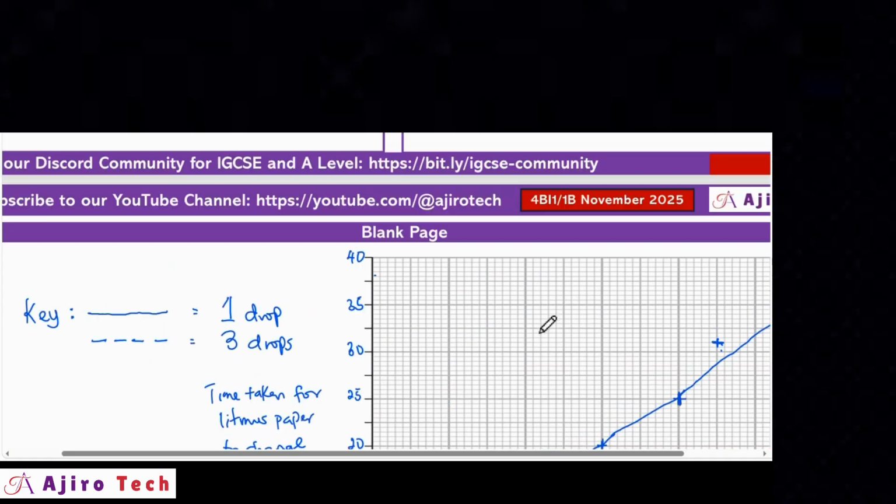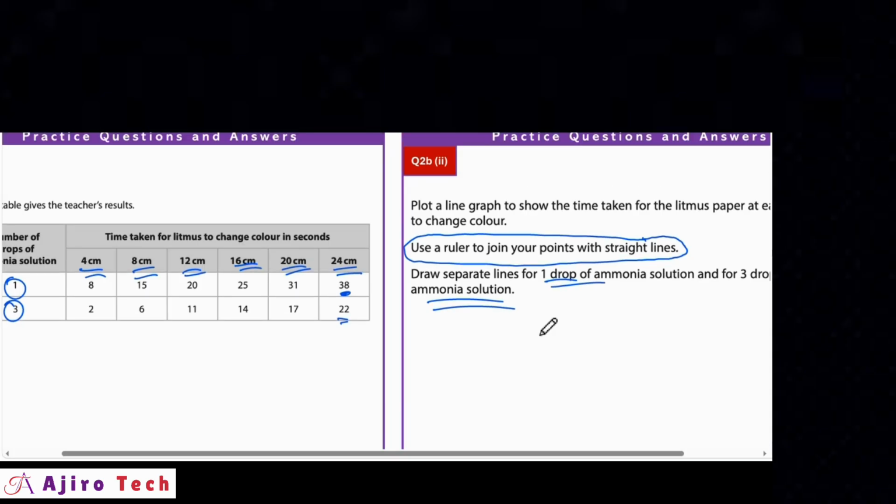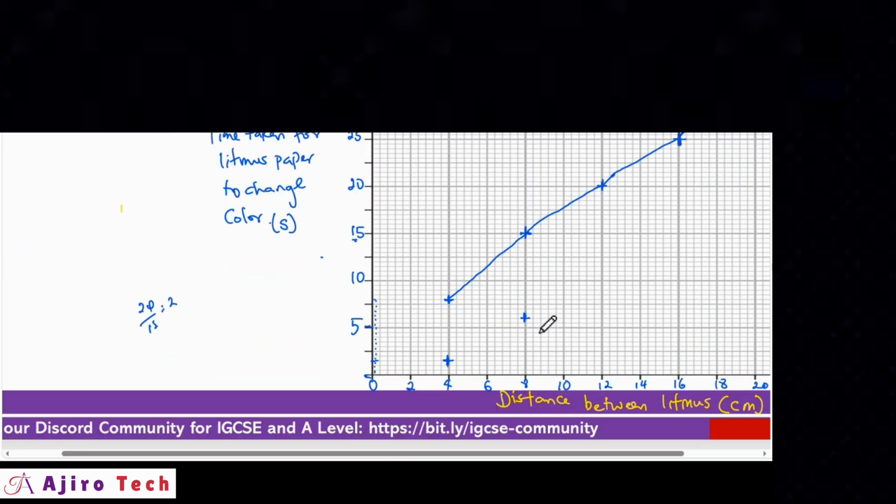So you have 12 centimeter, 11. 12 centimeter, 11 is going to be here. This is 10. This is 1, 2. This is 11. So 12 each and every.